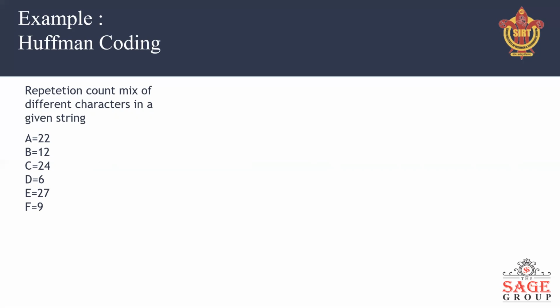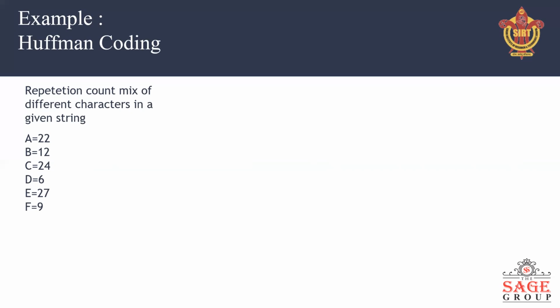We can add all these repetition counts and it will come to 100. Now we will learn how to use Huffman coding to solve this problem and how to encode these 6 characters to make a 100 character string.